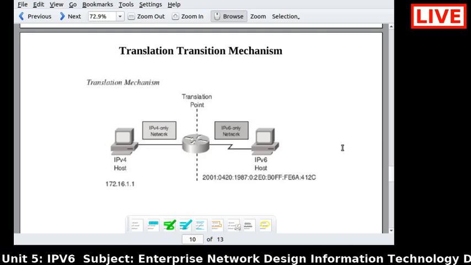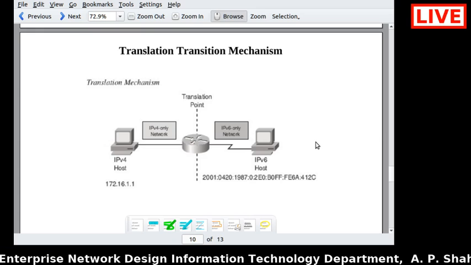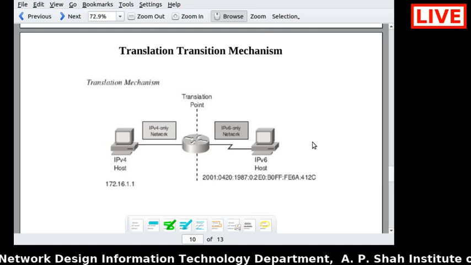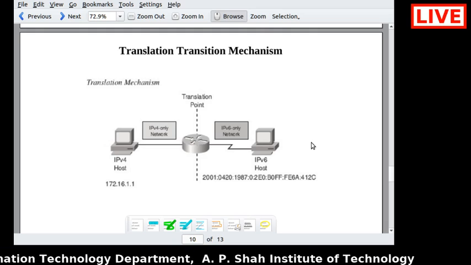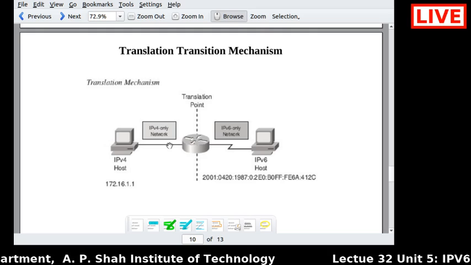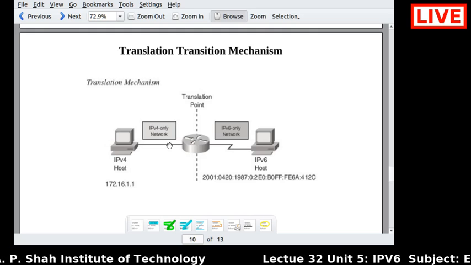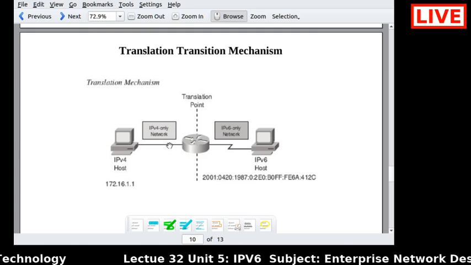Here we will see how IPv6 works, and why we are not using IPv6 widely. Because some upgrades are required with respect to your equipment, and nowadays, for several years, most are using IPv4 only, right.